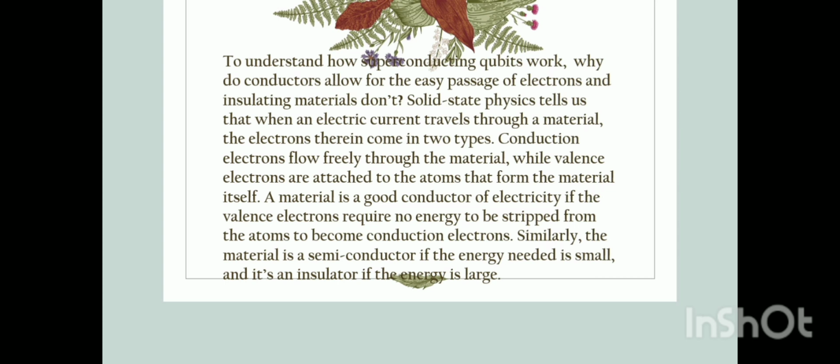Conduction electrons flow freely through the material, while valence electrons are attached to the atoms that form the material itself. A material is a good conductor of electricity if the valence electrons require no energy to be stripped from the atoms to become conduction electrons. Similarly, the material is a semiconductor if the energy needed is small, and an insulator if it is large.